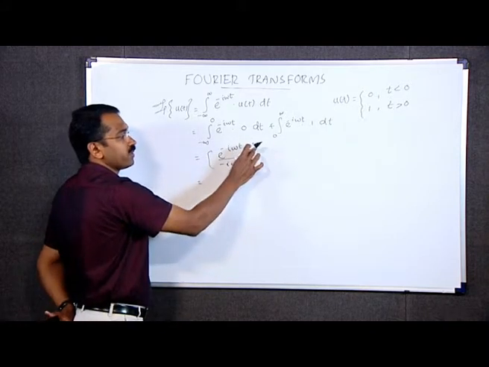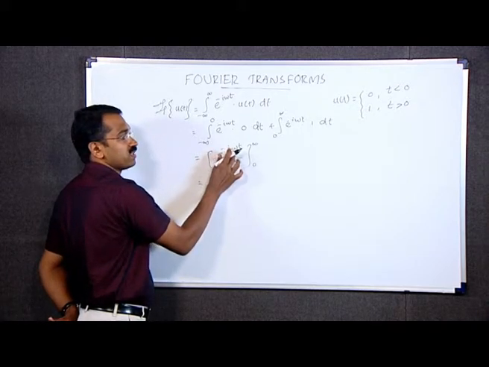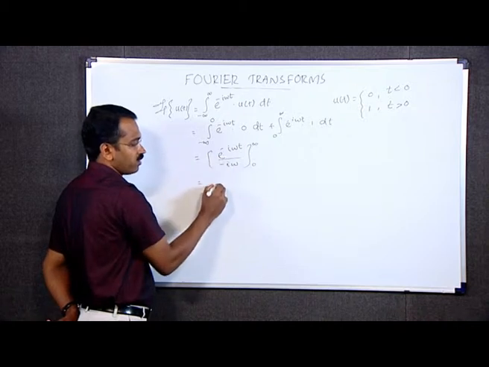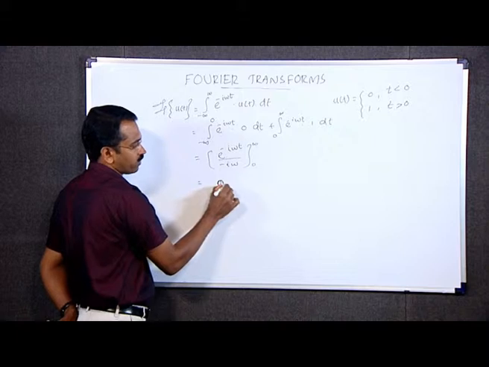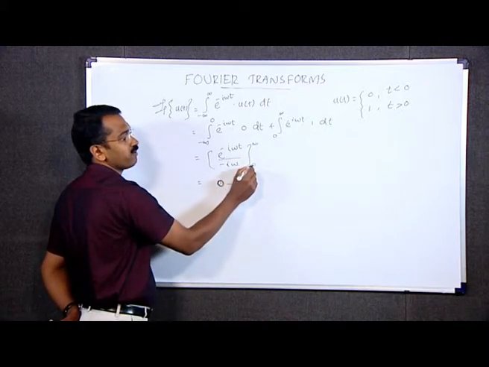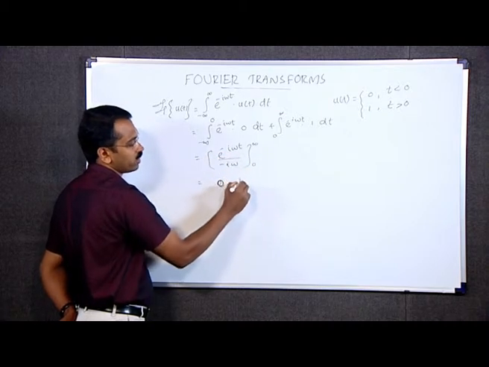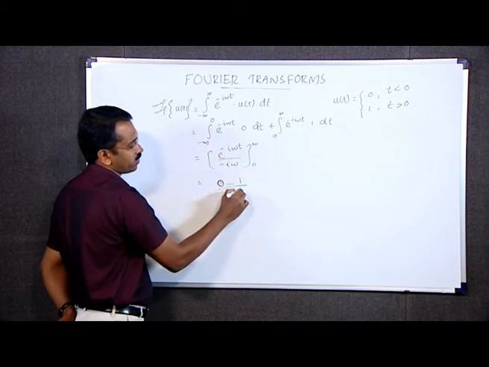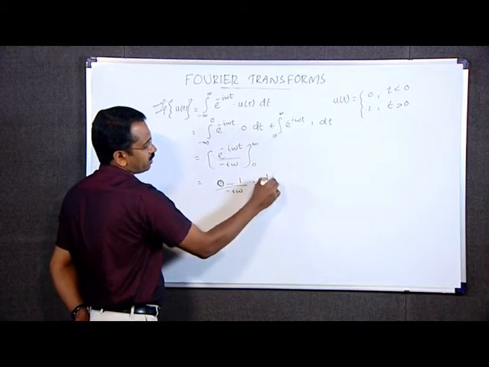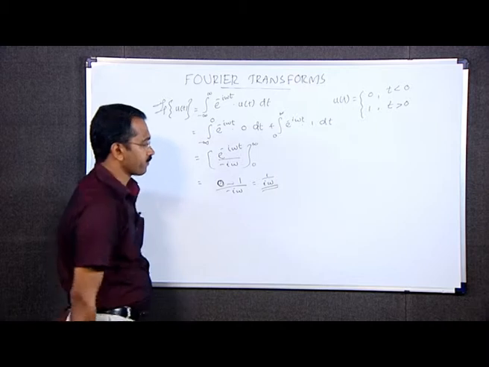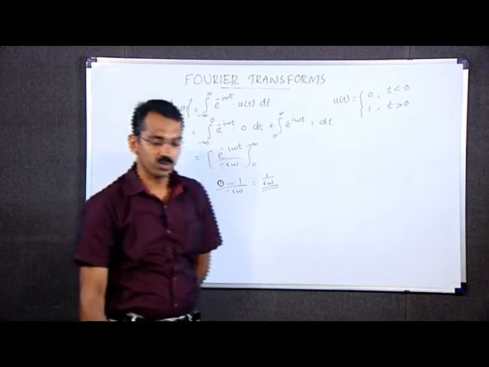When we apply the upper limit infinity, the numerator becomes e raised to minus infinity, which tends to 0, minus, when we apply the lower limit t equal to 0, we get 1 divided by minus i omega, that is equal to 1 by i omega. This is the Fourier transform of the unit step function.